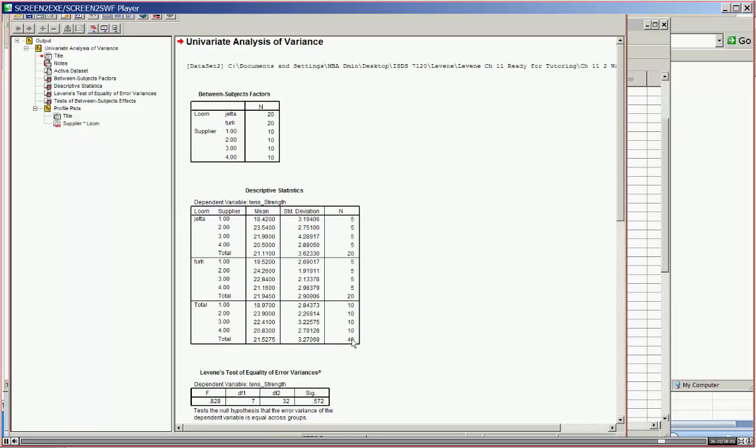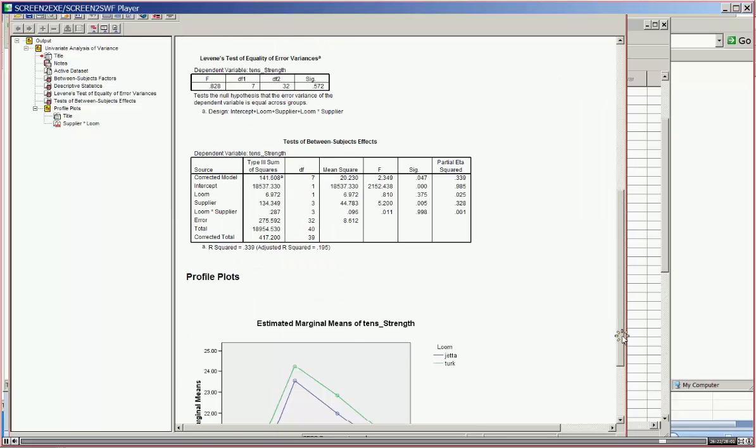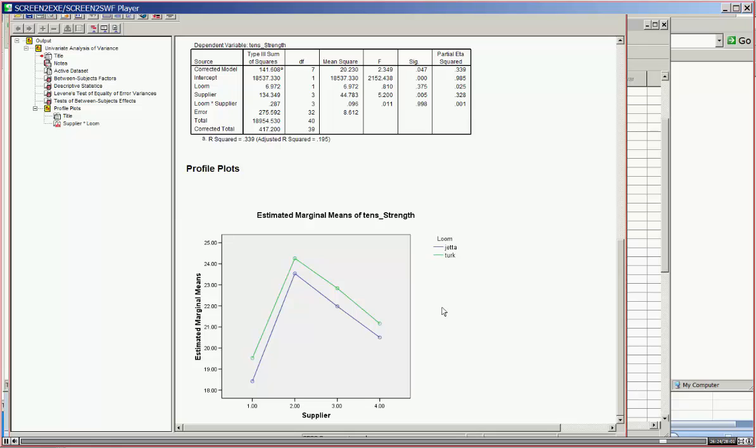We have 20 and 20 as we should. And now the plot makes perfect sense.